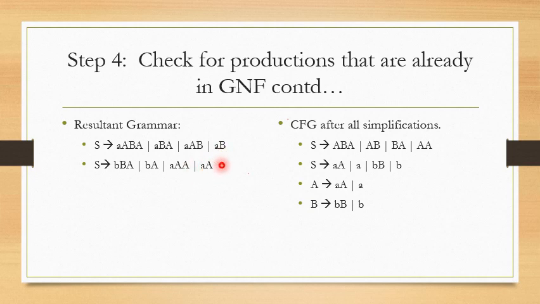So you do not repeat this again for S. So you can remove it here. Therefore I'll have again A or BB or B. And what about A? A will be the same, B will also be the same. So now all these productions of S, A and B are in the GNF form.